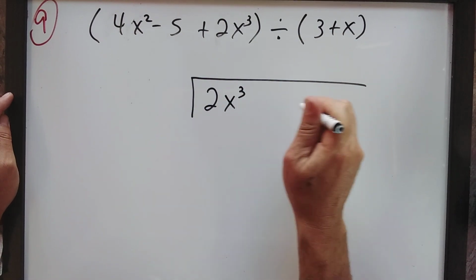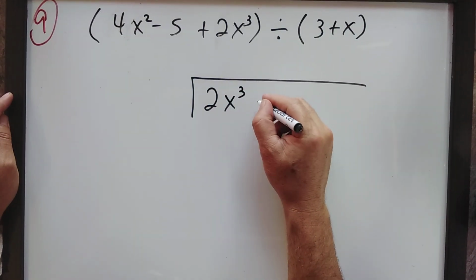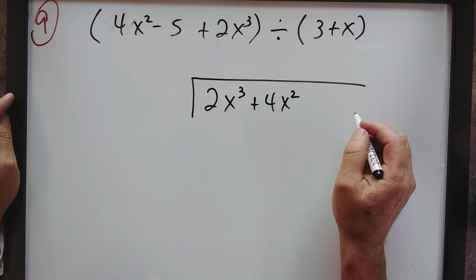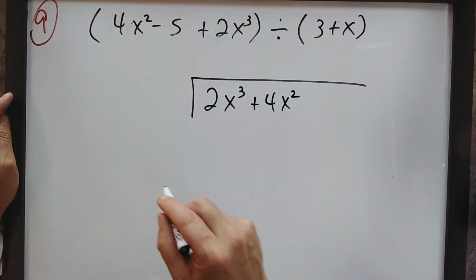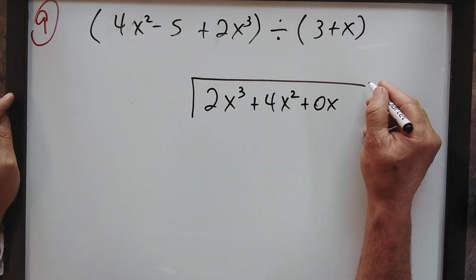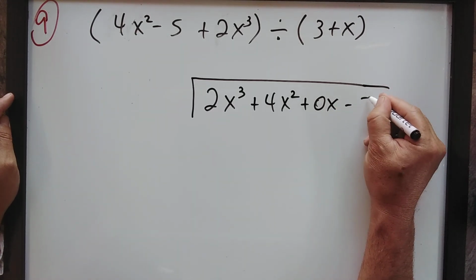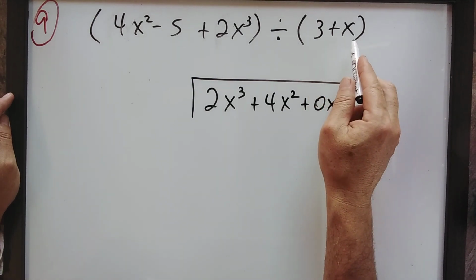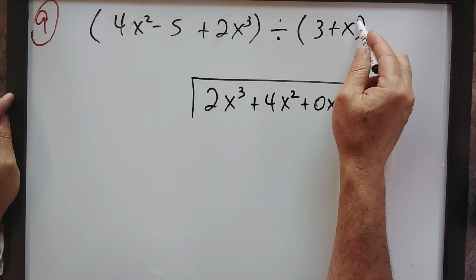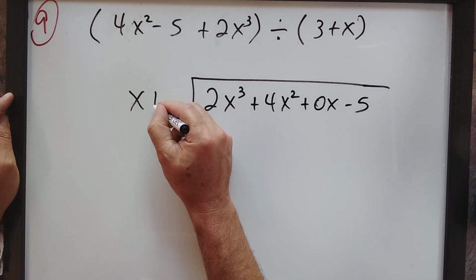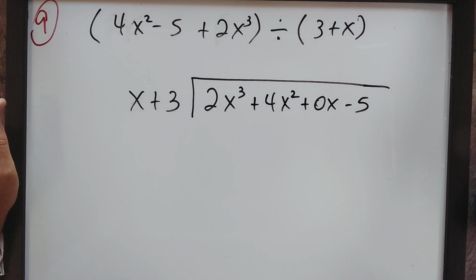I have to go from there down, x squared, so x squared right there, plus 4x squared, and then I see the 5, but I'm missing the x term, so I'm going to put plus 0x, and then minus 5. Same thing with the divisor, highest to lowest exponent, x to the 1, x to the 0, so I'm going to put x plus 3. Okay guys, that's how you set it up.